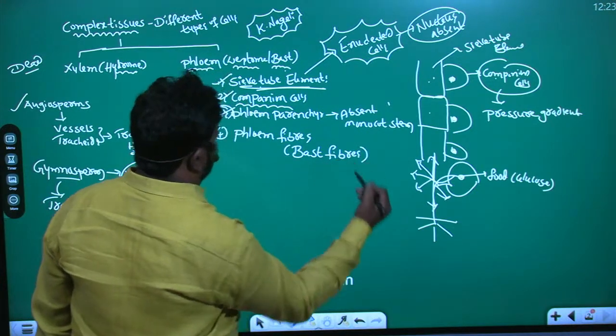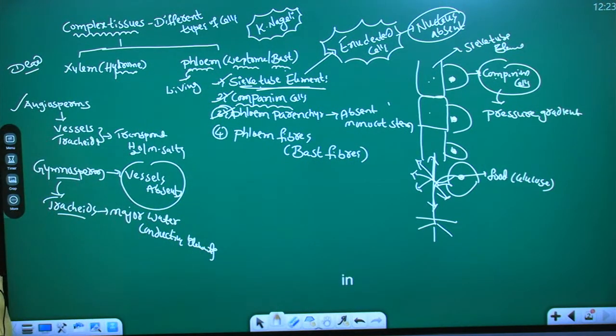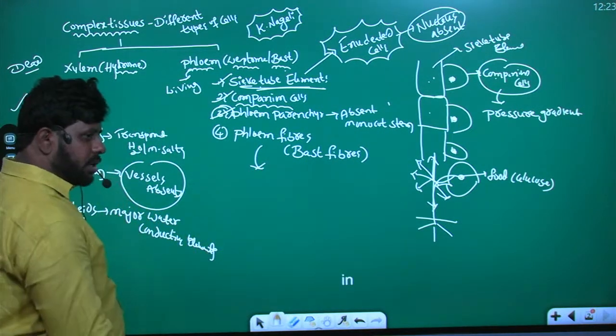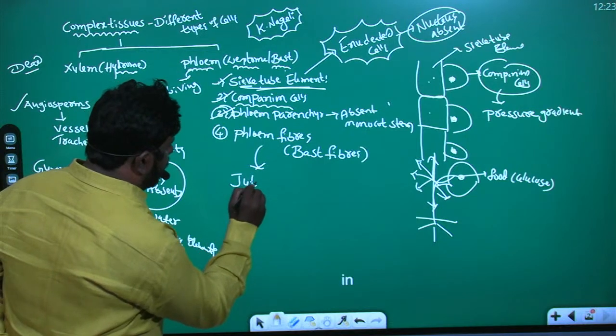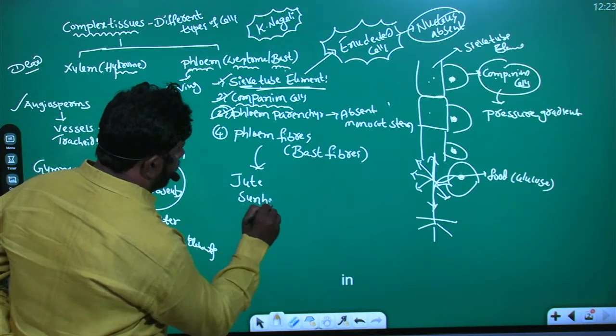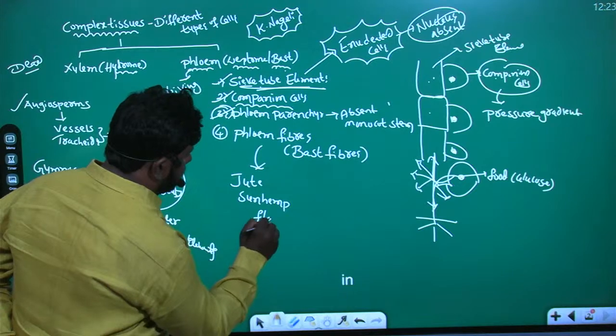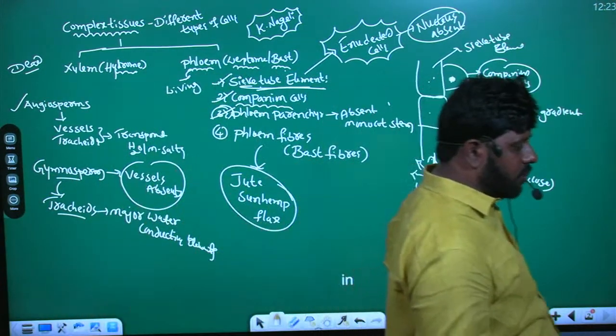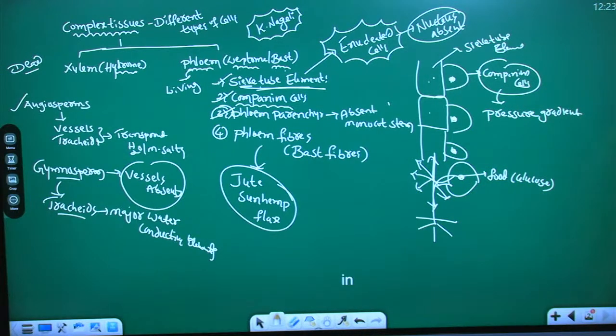Bast fibers come from jute plant, sun hemp and flax. From these 3 plants we get the phloem fibers, also called bast fibers. From these plants we get the commercially best fibers.